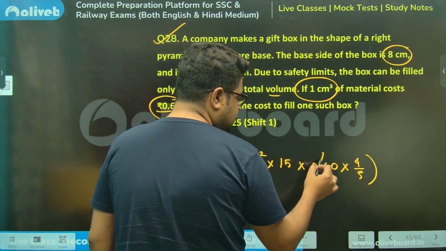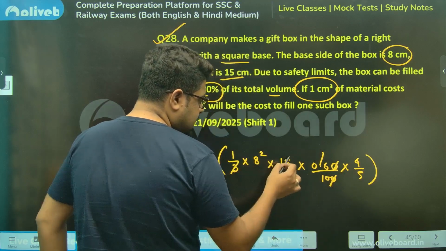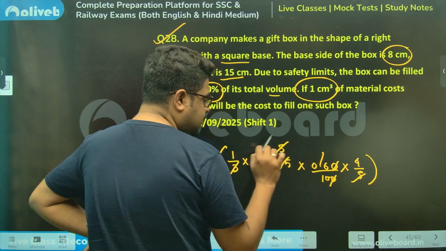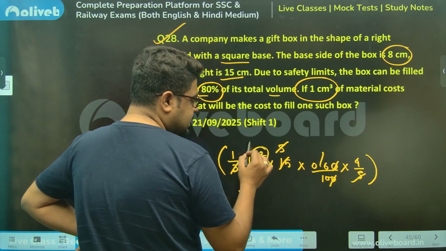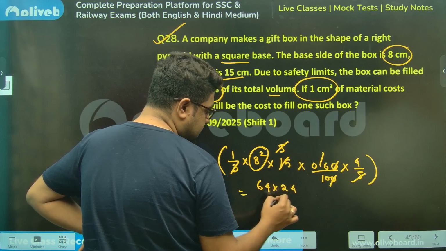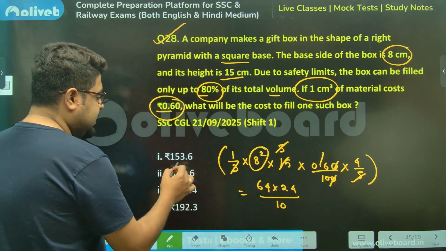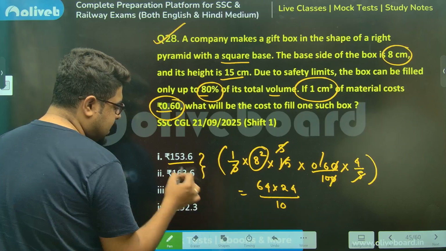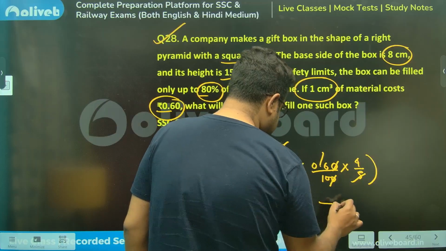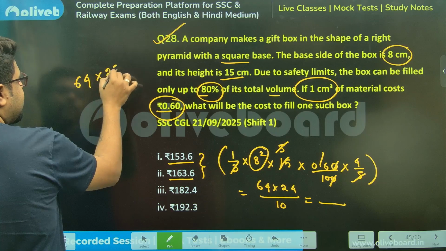So let's calculate this by 100. 3 fives of this, 5 is gone, and I will not cancel. 64 into this is 24 by 10. Now by 6, by 6, these two cancel. Chalo, let's calculate, sir. 64 into 25 will be how much?